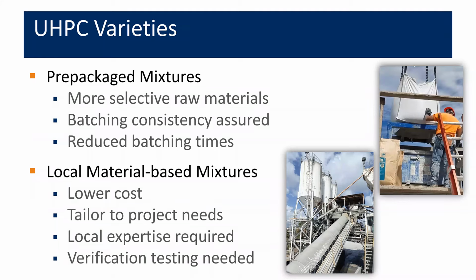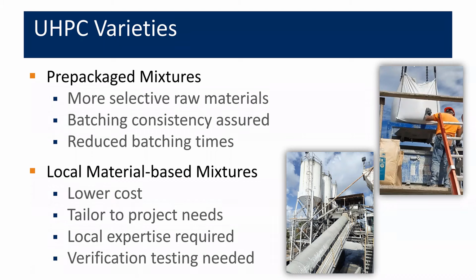An advantage of the local material-based mixtures is that the materials can be selected to be conducive to production based on the local process, but they can also be tailored to the specific project needs. For example, depending on the design and the use of the materials, you might not need a particularly high compressive strength, and you can focus on, say, 18,000 PSI compressive strength being sufficient for your needs.